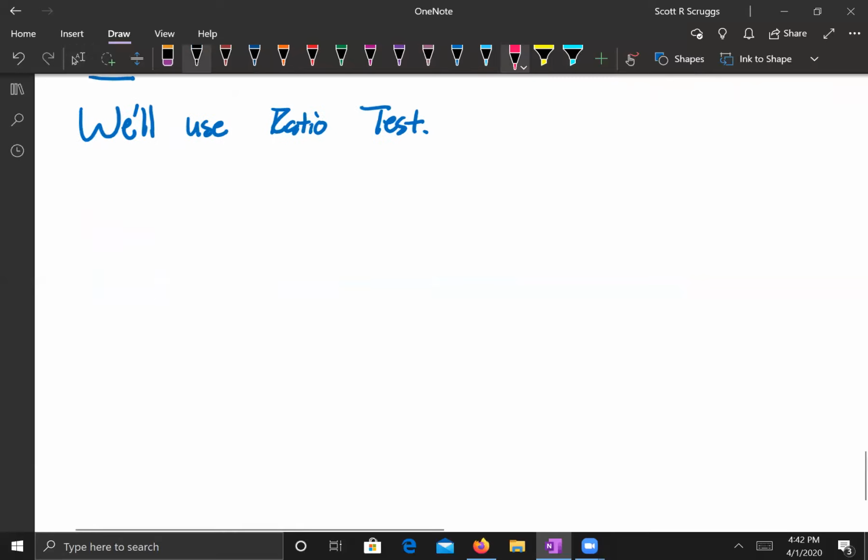So since y'all did the ratio test, when y'all did the limit as k goes to infinity of a of k plus 1 over a of k, what did y'all get for your number? Or what did you get after you did all your simplification and limit evaluation?